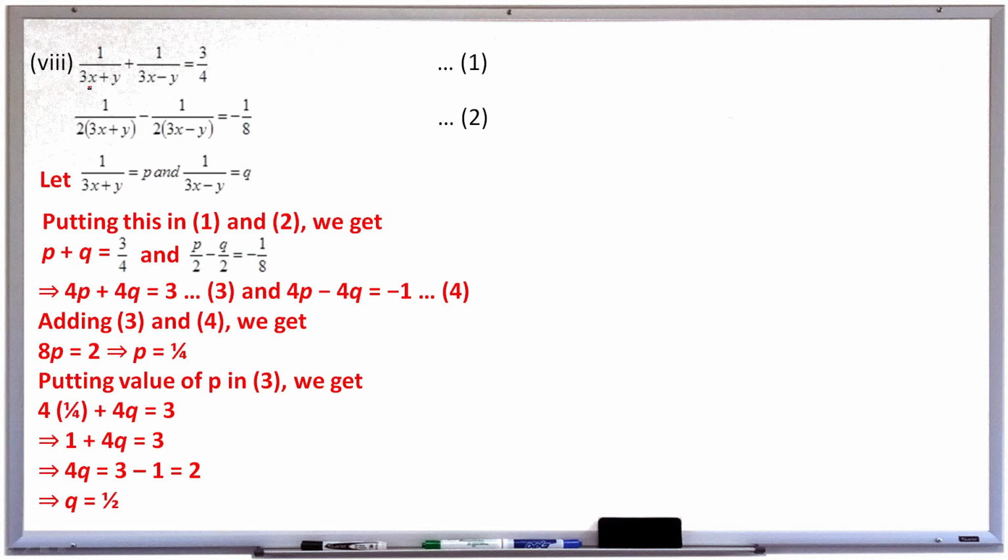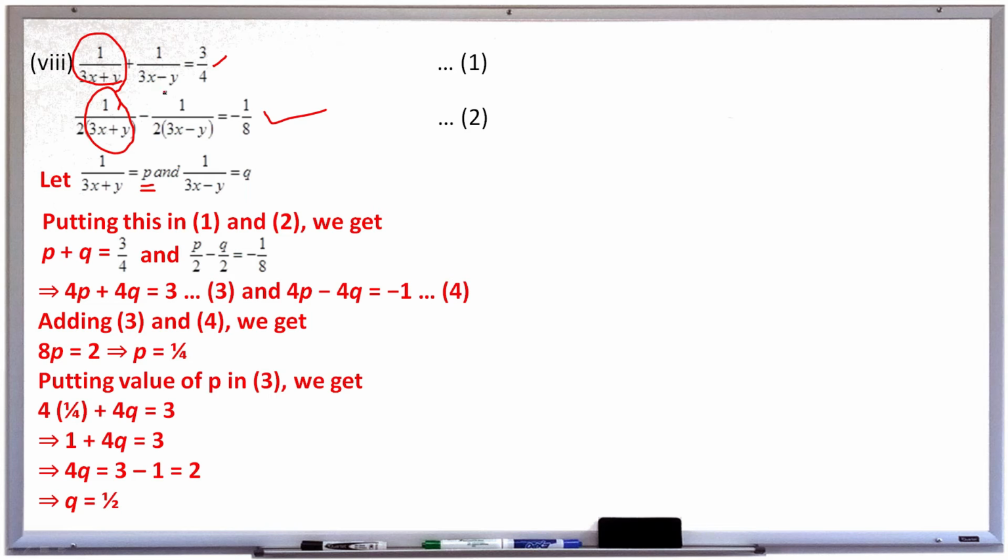Again, 1 by 3x plus y plus 1 by 3x minus y is equal to 3 by 4. Another equation is given: 1 by 2 into 3x plus y minus 1 by 2 into 3x minus y is equal to minus 1 by 8. So what can we take common here? 1 by 3x plus y we take as p, because here also we have 1 by 3x plus y in the second equation.